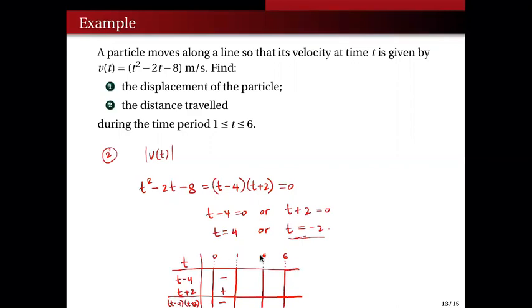Between 1 and 4, you have t minus 4. What's the value of that? If your t is between 1 and 4, exclusive of 1 and 4, the value of t minus 4 will also be negative.